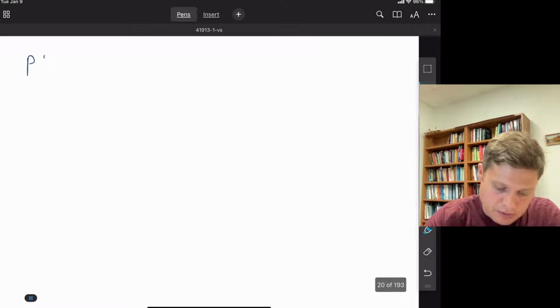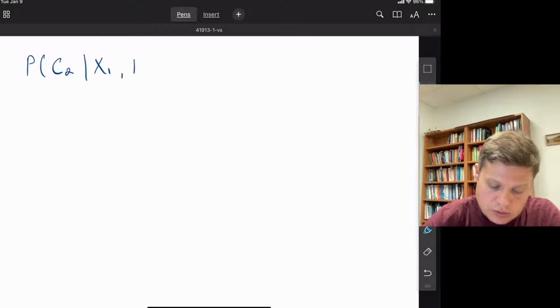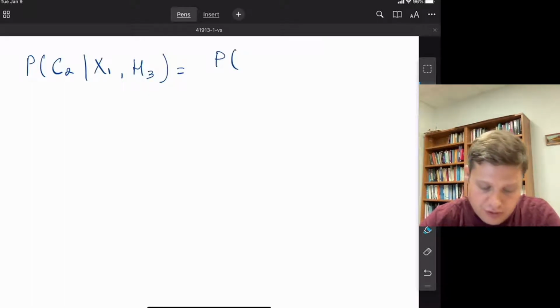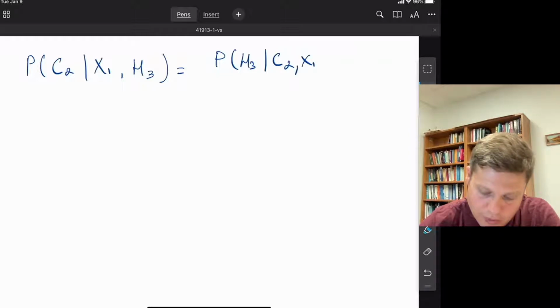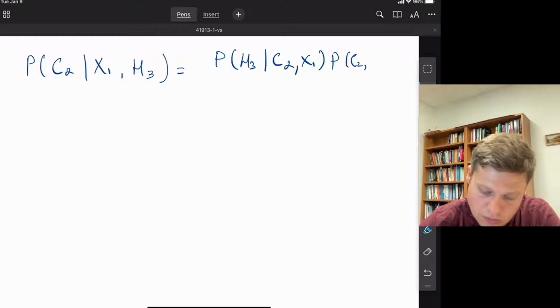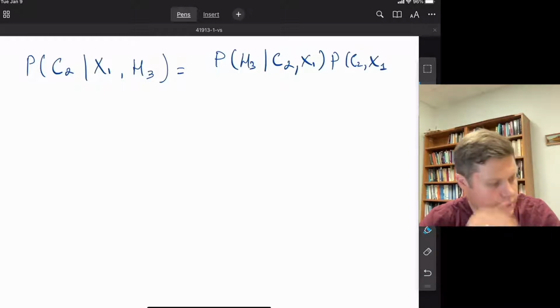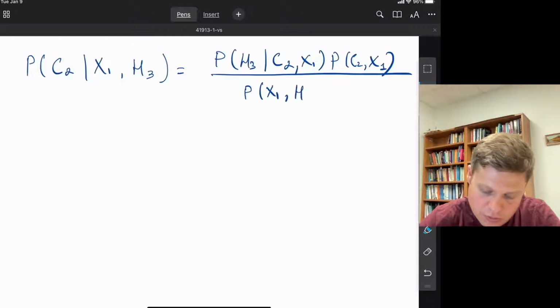So again, we want to calculate the probability of a car being behind door 2, given that you pick door 1 and the host opens door 3. And we're going to use the Bayes rule, so it's the probability of the host opening door 3, given that the car is behind door 2 and you pick door 1, times the prior probability of the car being behind the second door and you picking door 1, divided by the total probability of you picking door 1 and the host opening door 3.